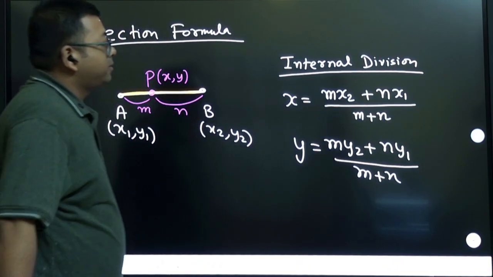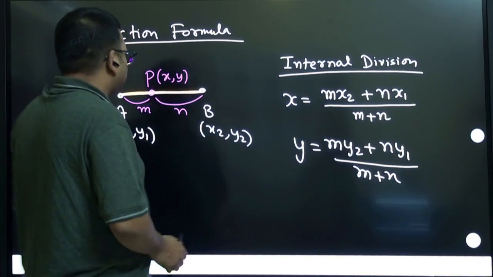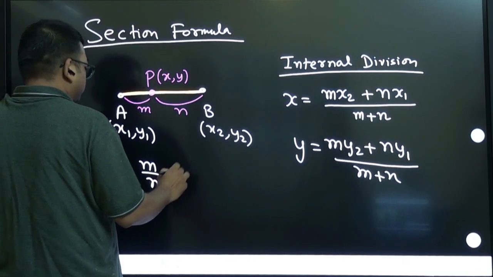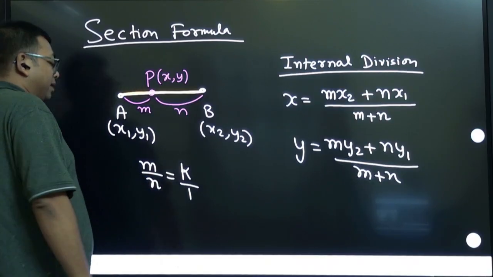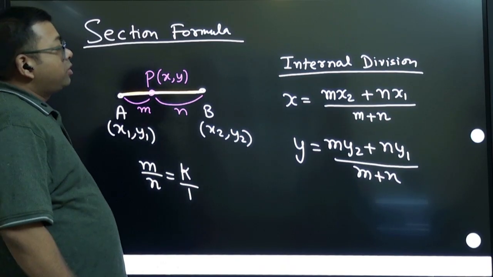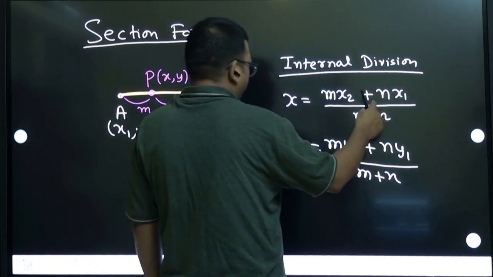Now in this same formula we can do a modification. Suppose I consider this ratio m by n as k, so we can take the ratio as k is to 1. If I do that, I have to divide by n.